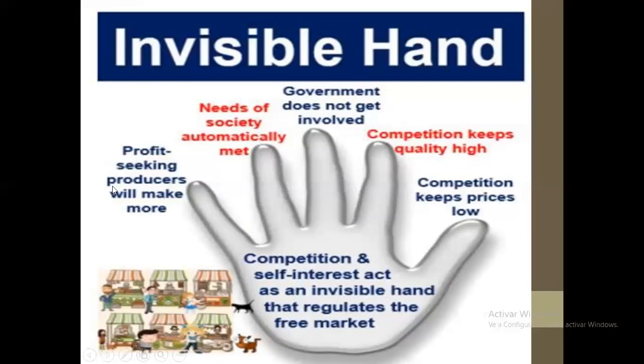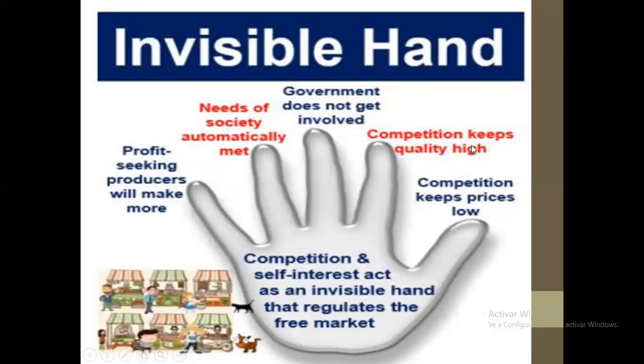Now, profit seekers, producers will make more. Needs of society automatically met. Government does not get involved. Esto es lo que está diciendo, que el gobierno no debe estar envuelto en estos tipos de transacciones. Se debe manejar, ellos lo manejan entre ellos, entre los vendedores y los compradores.